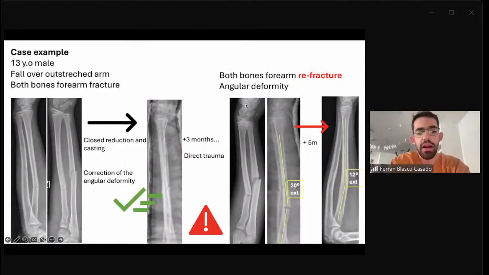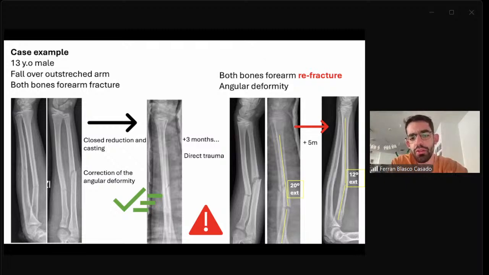Here we present our case, which is a 13-year-old male who fell onto an outstretched arm and suffered a both bone forearm fracture. It was treated conservatively with closed reduction and casting, and as we can see in the lateral X-ray, correction of the deformity was achieved.